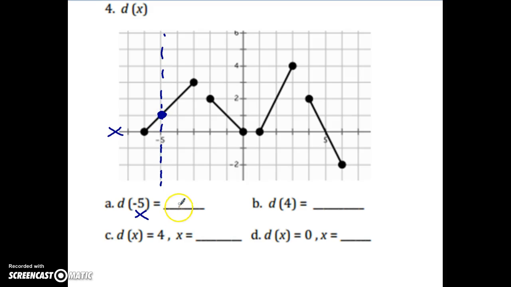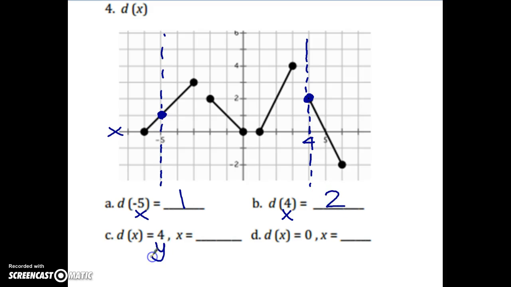So the y value is 1. This is x, so I'm going to go to the 4. And my output at 4, to get to the line, to get to the graph, I have to go up 2. So that's a positive 2.